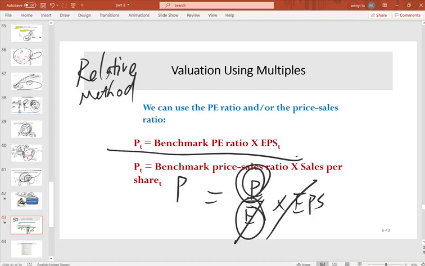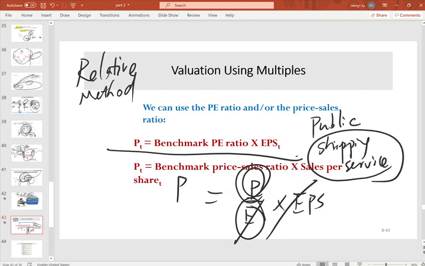For example, if your company is not a public company, say you're running a shipping service company that is private, and you try to find out what your fair stock price would be if you go public.